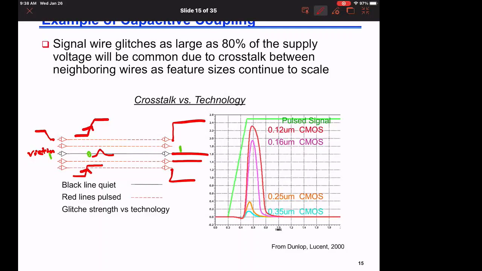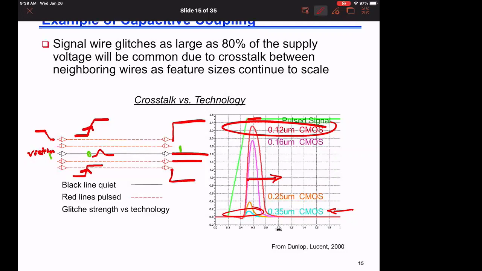But what I want to show is that this problem is getting worse with technology. And here, for example, in the 0.35 micrometer technology, which was a long time ago, the glitch was very small. But when they went up to the 0.12 micrometer technology, the glitch was high enough and it became close to VDD. And it even became wider.